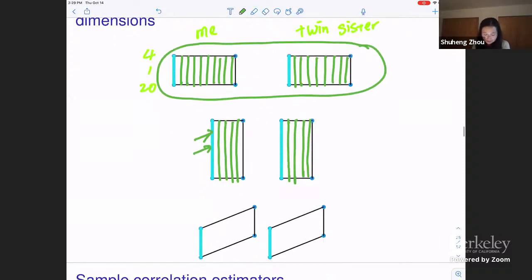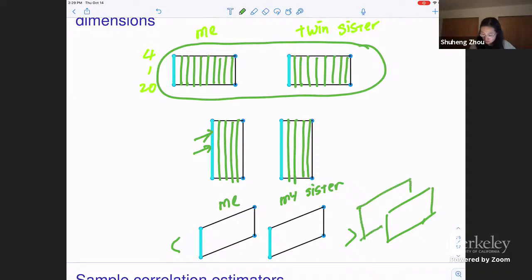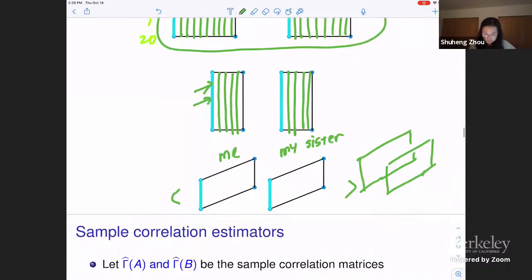And finally, if you want to do a study about the twins, so this is me, and this is my sister, and I can do a correlation study using the entire data from me and from her to look at the raw Pearson correlation coefficient, for example. And then you can imagine you have many other twin sisters or brothers, and then you can compute all these correlations across people as well.